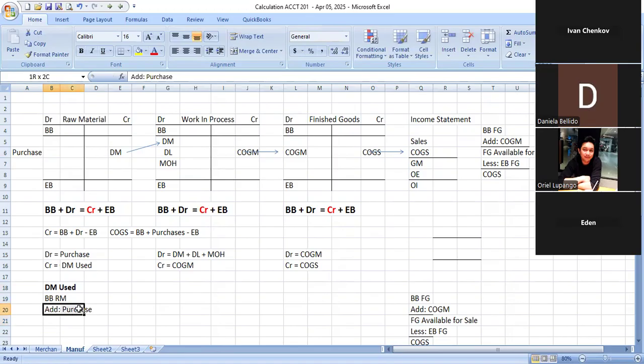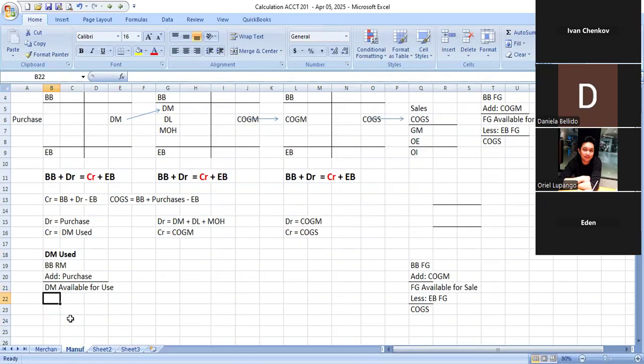And once I get those two, what am I going to find out? How many direct materials I have available. That will be direct material available for use. Once I find out how much direct material I have available for use, what do I need to know?